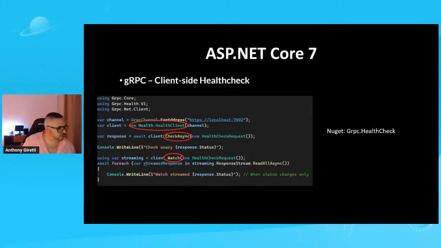Unlike the watch method. The watch method is a streaming endpoint, server streaming. What does it do? It reads all changes. As I said, it's not because you are sending the status every 3 seconds on the server side that you will get it every 3 seconds on the client side.